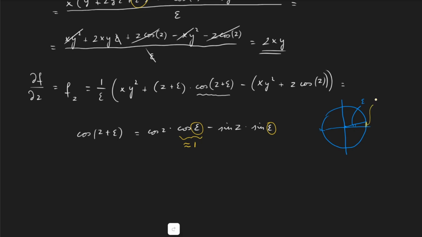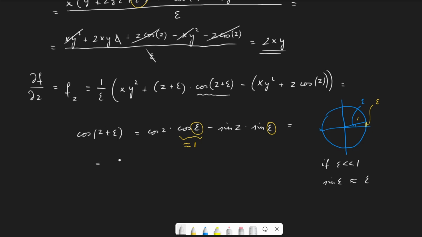And this part of the circle is simply epsilon, because our hypotenuse is 1. The important thing that you should remember is that if epsilon is much less than 1, then sine of epsilon can be approximated by epsilon simply. And this is why cosine of z plus epsilon can be written as cosine of z minus epsilon times sine of z.